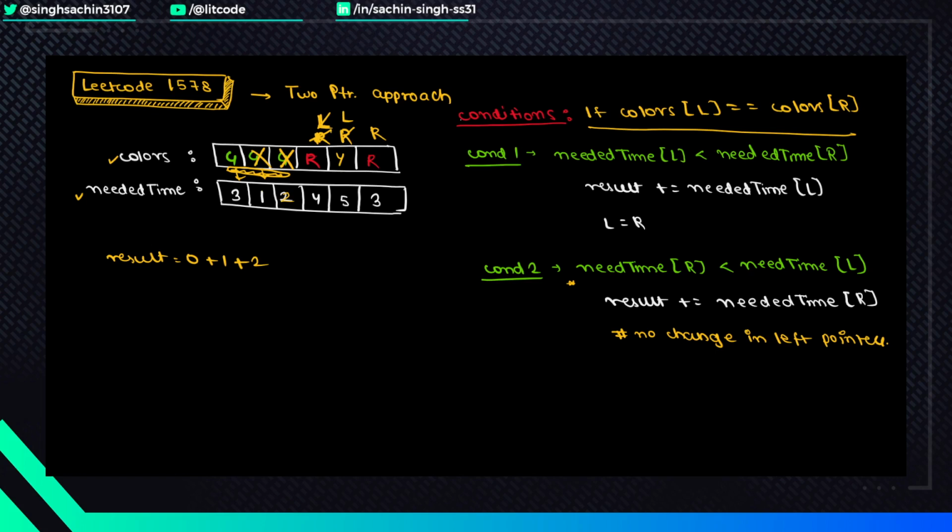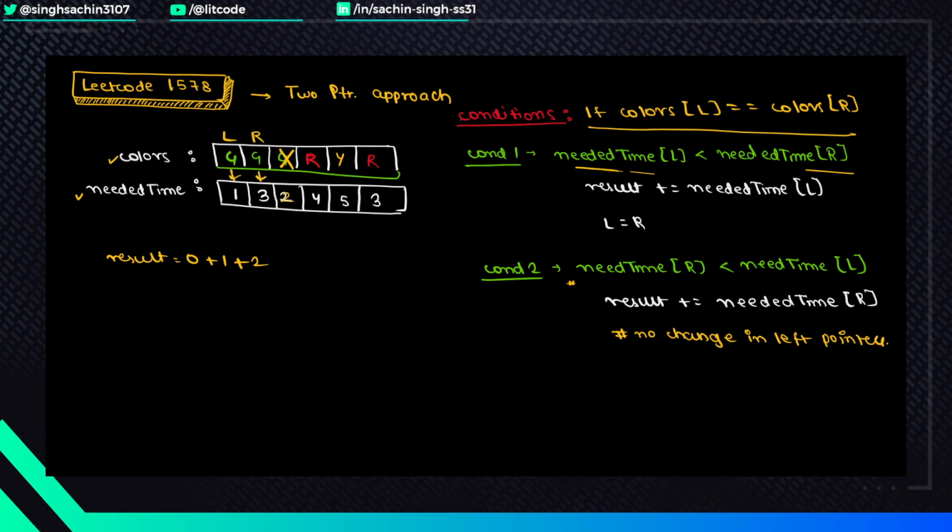There is one more point. For example, let's say I'll change the values a bit. So this was G, and let's say 1 and 3. Now for the second condition, the colors at the left and right pointers are the same, but the time needed to remove the L pointer element is lesser than the R pointer element, because it takes 1 unit of time and 3.